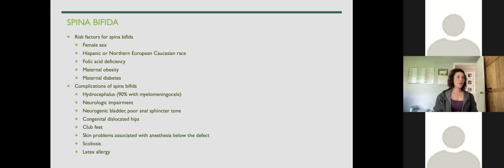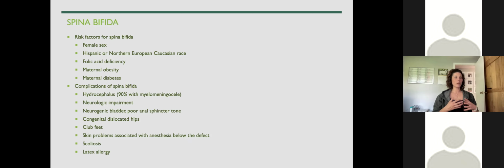We get some form of neurologic impairment. Typically, they have a neurogenic bladder, which means they don't have any control over their bladder for the most part. They can't tell when it's full and it needs to be emptied. And we also have poor anal sphincter tone. They tend to have dislocated hips at birth and clubbed feet and lots of skin problems below their defects.